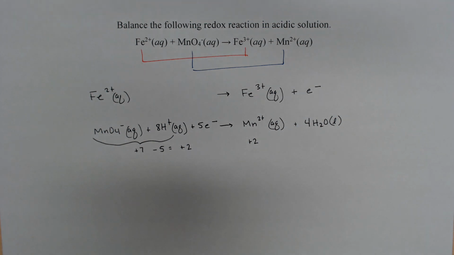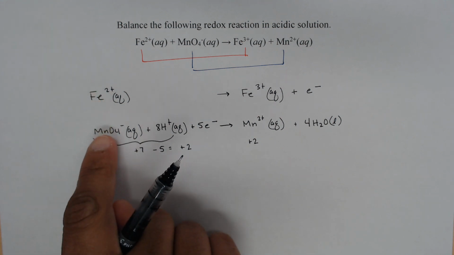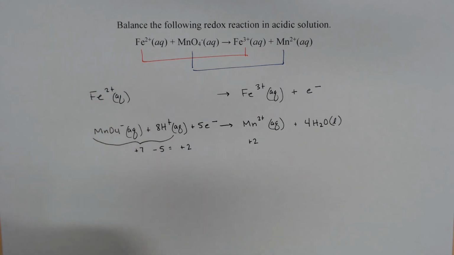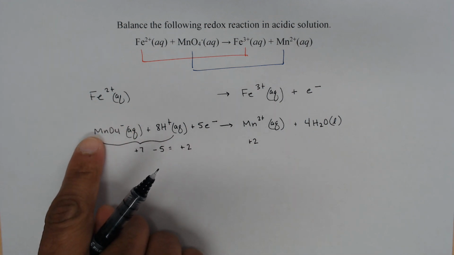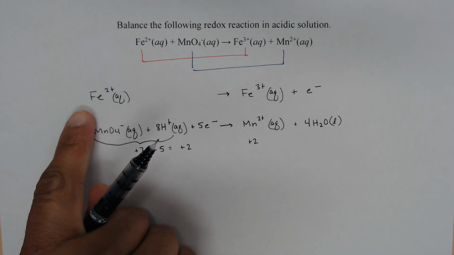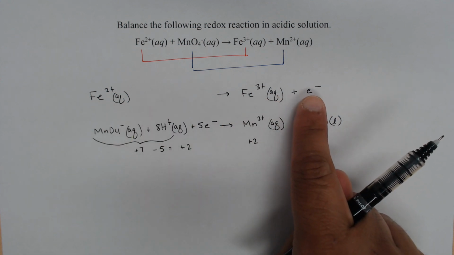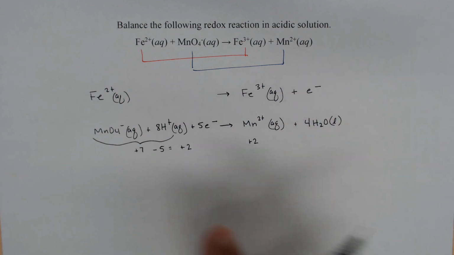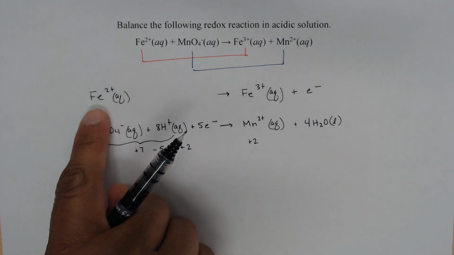So now atoms are balanced, charges are balanced in both half reactions. And before we move on, let's go ahead and identify our species. Let's identify what's being reduced and what's being oxidized. Let's identify the reducing agent and the oxidizing agent. Whenever we see electrons on the product side, we can think of electrons coming out of our starting material.